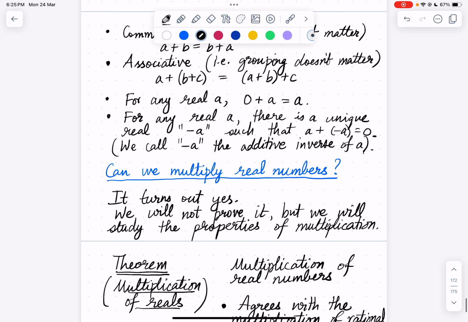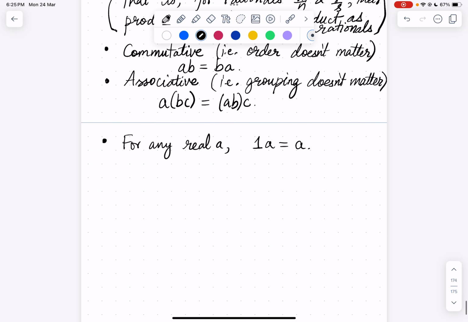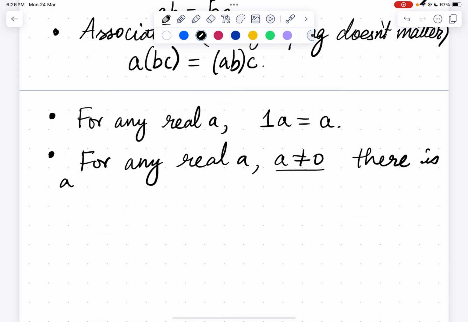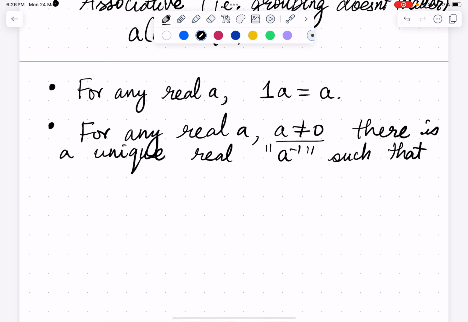So similar property. And then we have multiplicative inverses. But for non-zero reals, for any real A not equal to 0. So A not equal to 0 is important. There is a unique real A inverse such that A times A inverse is 1.